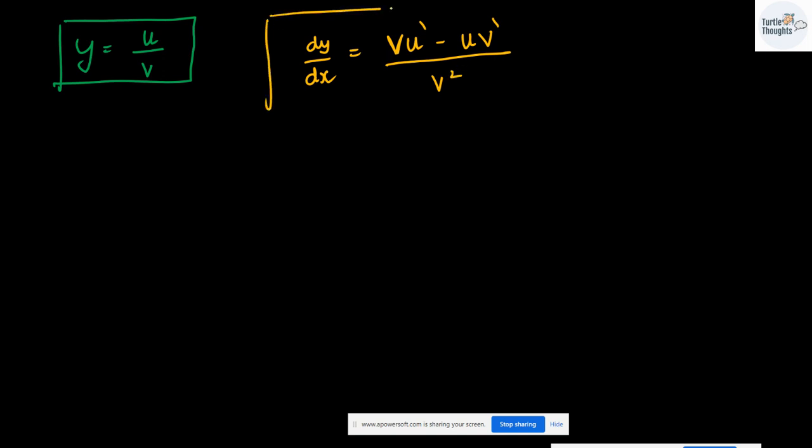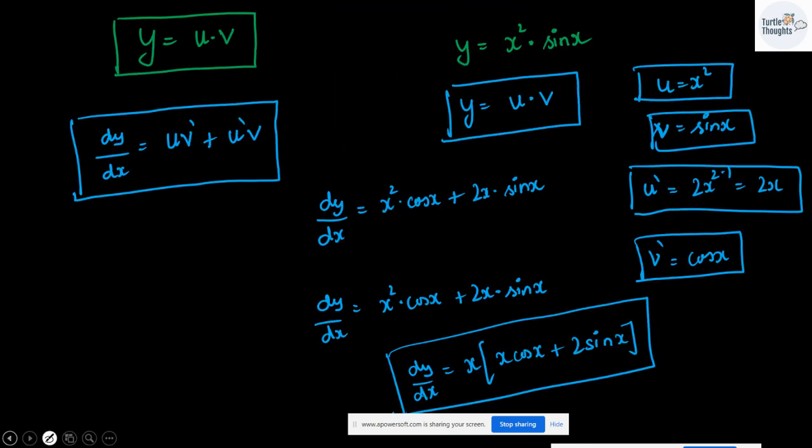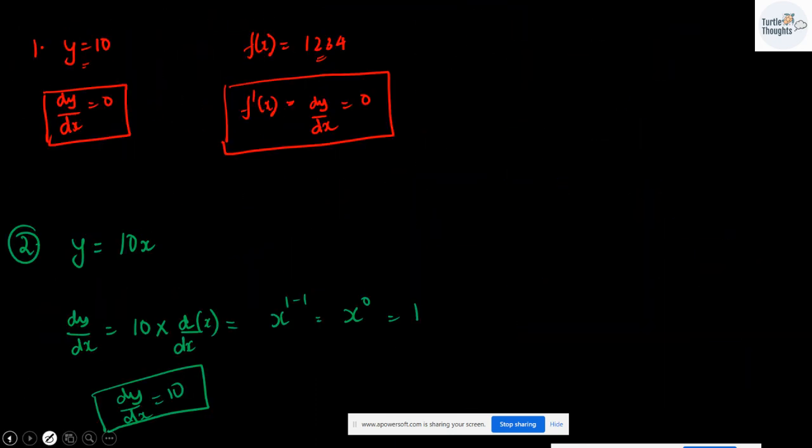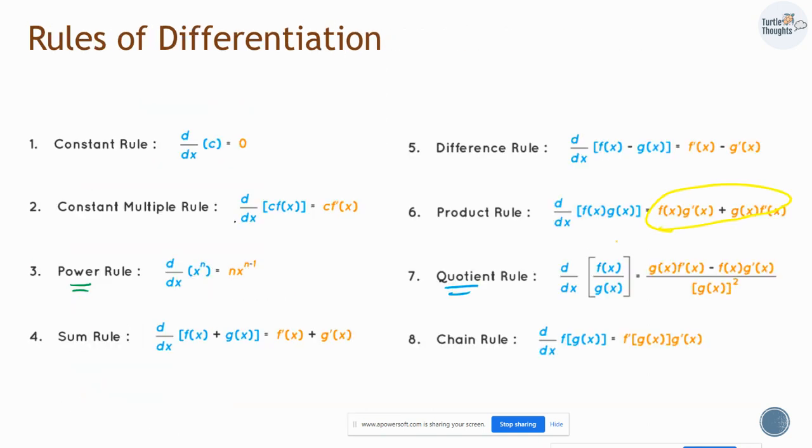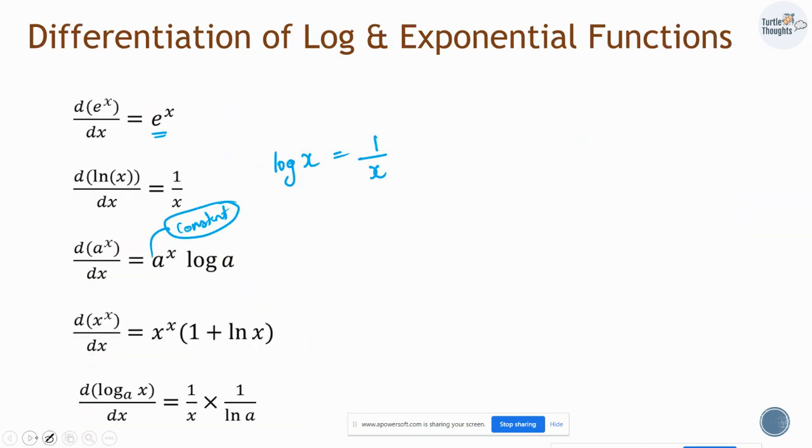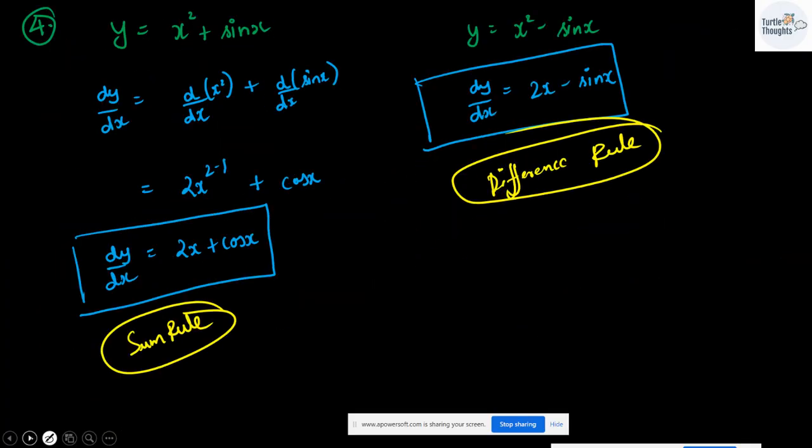This is going to be your quotient rule. You can either represent it by u and v, or you can represent it as f of x and g of x also, as it is given over here. Yes. Now let me take one of the examples from the quotient rule.